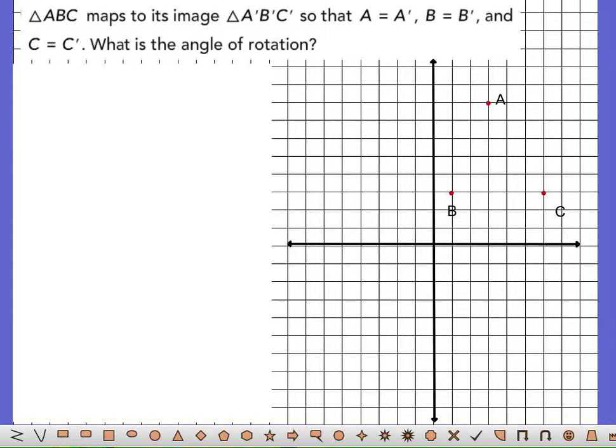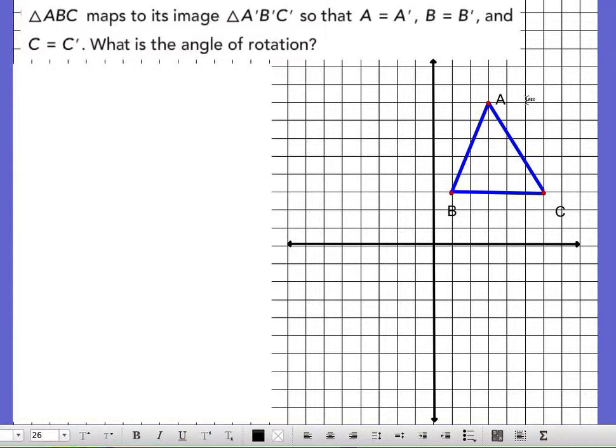They tell us in the word problem that A equals A prime, B equals B prime, and C equals C prime. So that means that the very same points are used for our image as well.